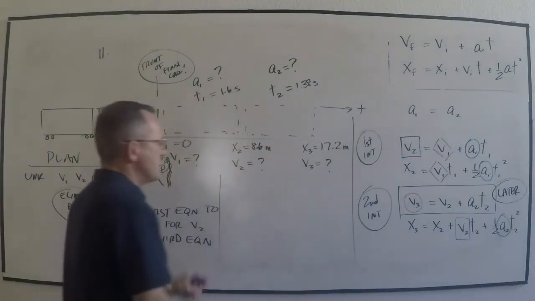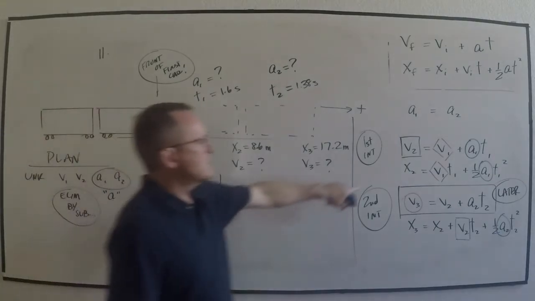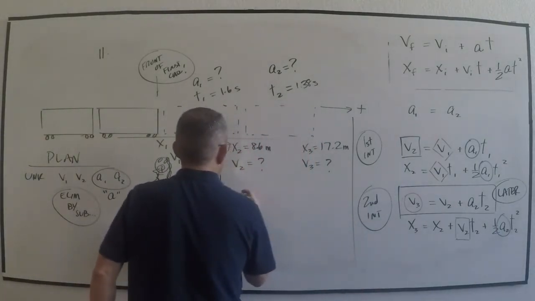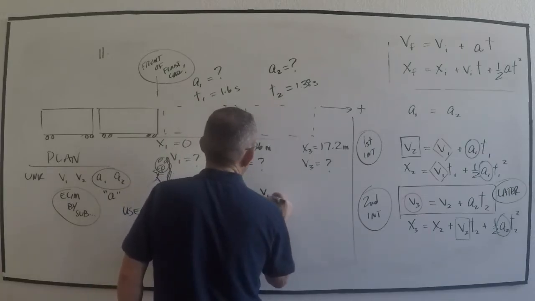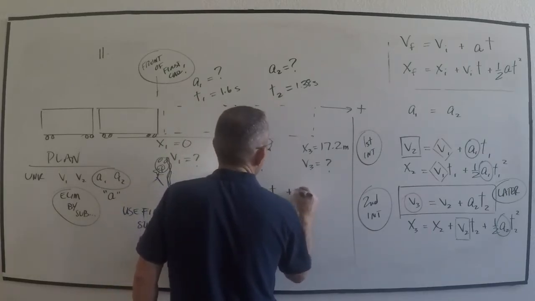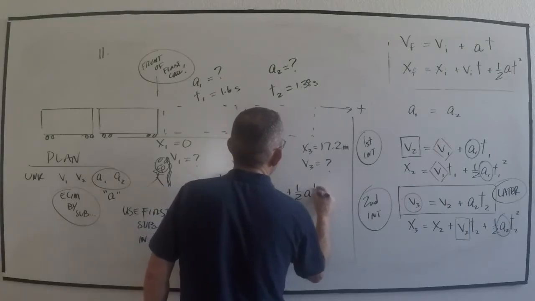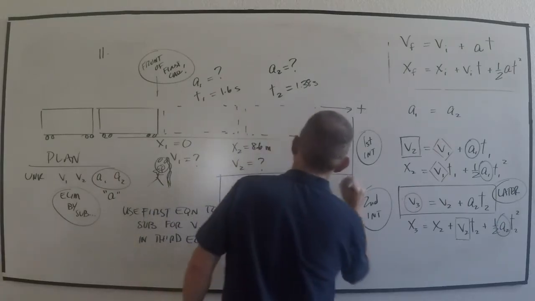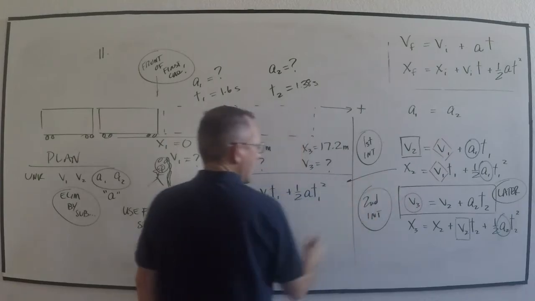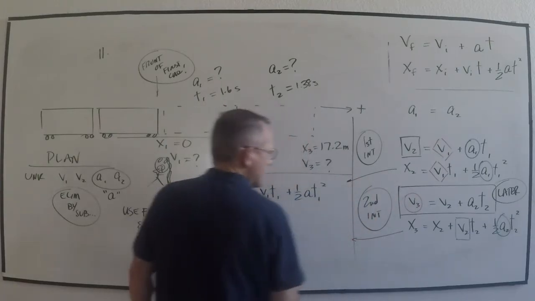Can I put this into action? Yes. I am going to rewrite this equation. So I'm going to have x2 equals v1 t1 plus 1/2 a t1 squared. I just rewrote that one. And now I'm going to rewrite this one.